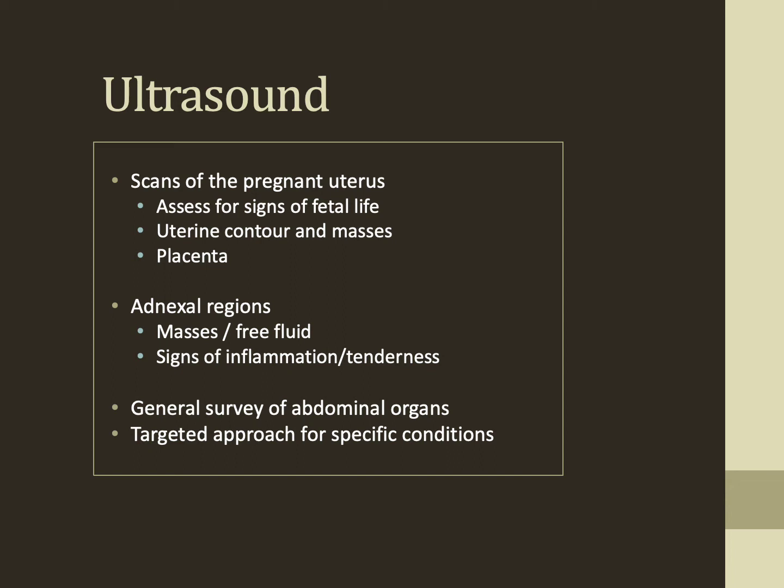For patients with other areas of pain, we do a general survey of the abdominal organs, similar to that of an abdominal ultrasound. Then we may also do a targeted approach for specific conditions, such as appendicitis.